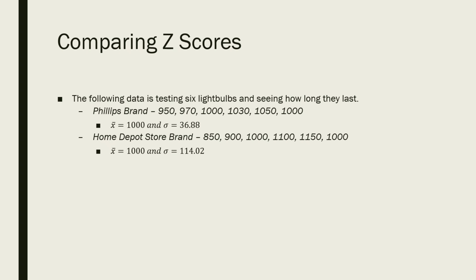We have a standard deviation of 36.88 for Philips, and 114.02 for the Home Depot. As we have investigated this data set throughout this lecture, this makes sense, right? The Philips brand has a lower standard deviation, it's less spread out, whereas the Home Depot has a much larger standard deviation as it is much more spread out.